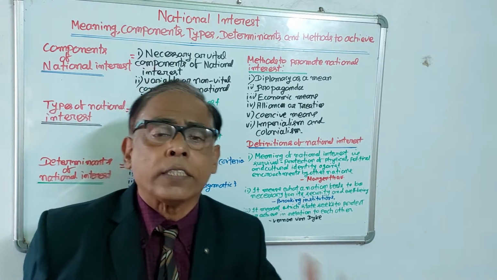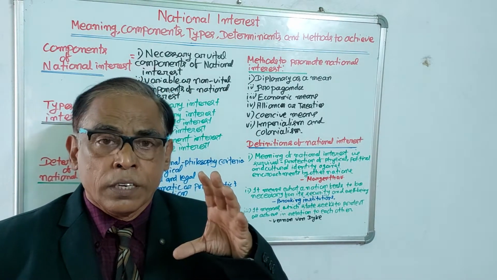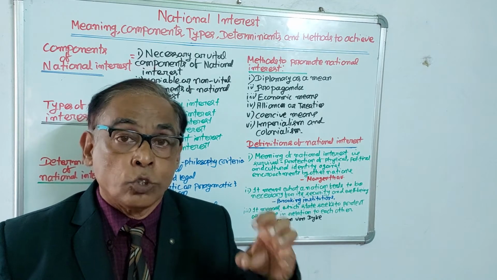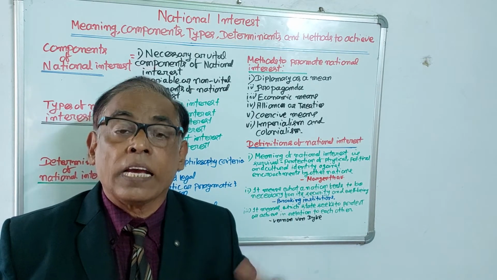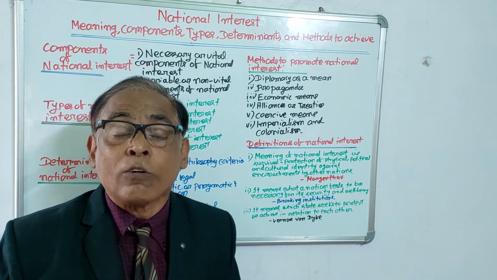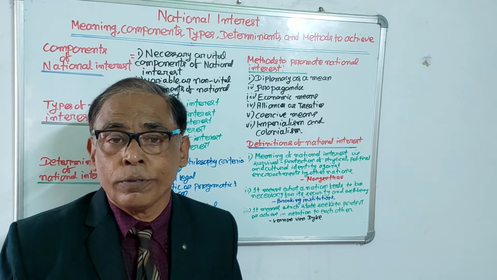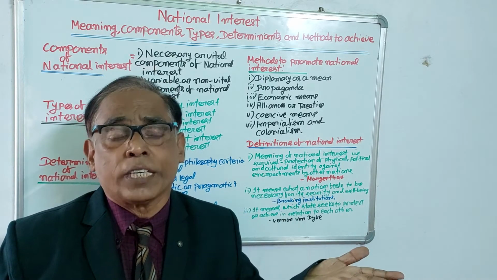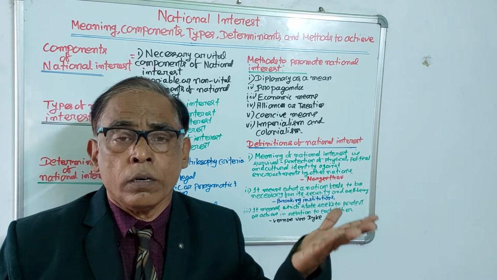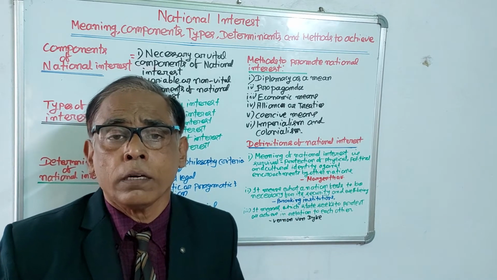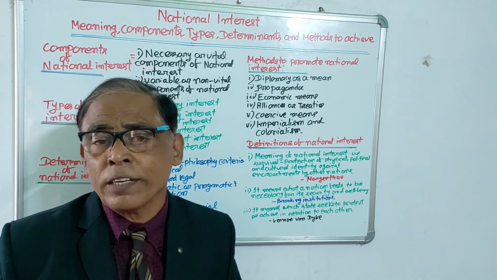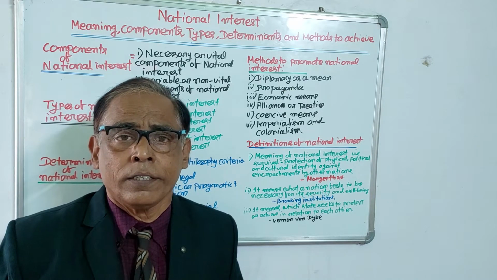Number 4, alliance and treaty. Sometimes nations are forming alliances, groups to secure its national interest. Like America formed NATO, SEATO, CENTO to secure its national objective. Formerly, USSR formed Warsaw Pact to secure its national interest.